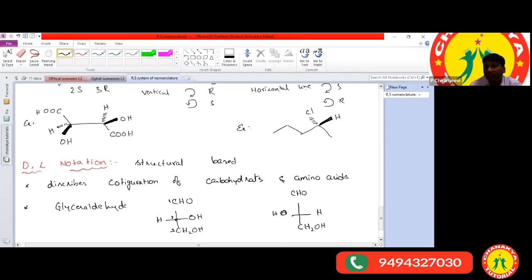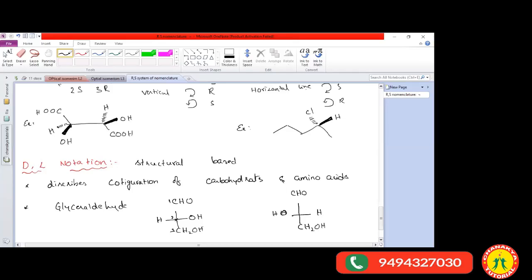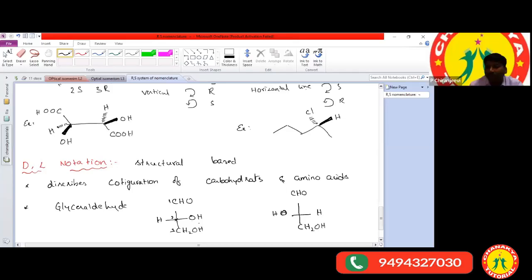Sirisha, in glyceraldehyde, is the OH group present on the right hand or left hand side? Right hand, sir. Very good. If it is present on the right hand side, we call it D-glyceraldehyde.